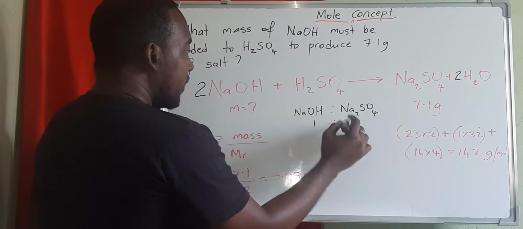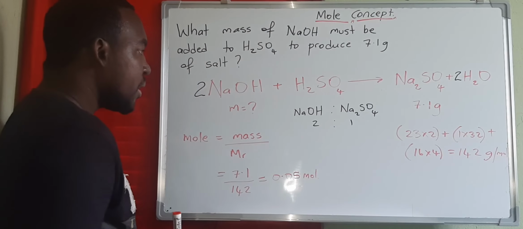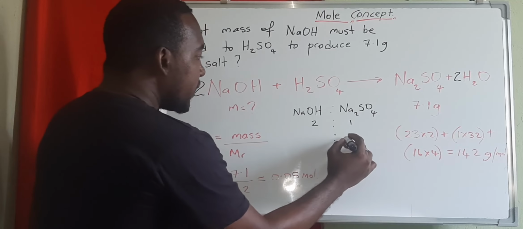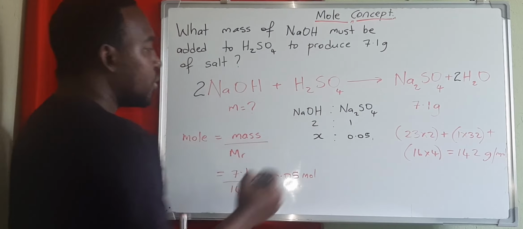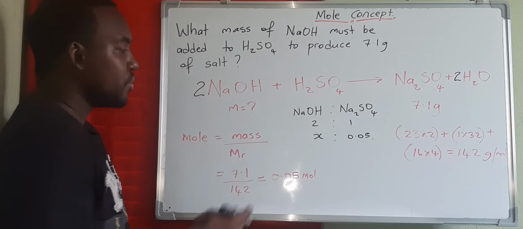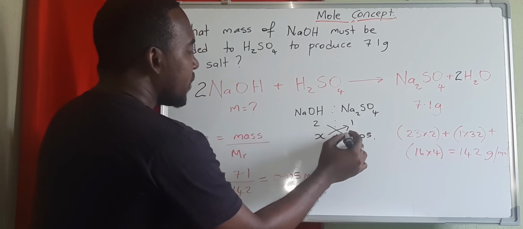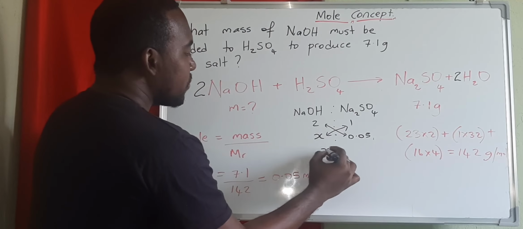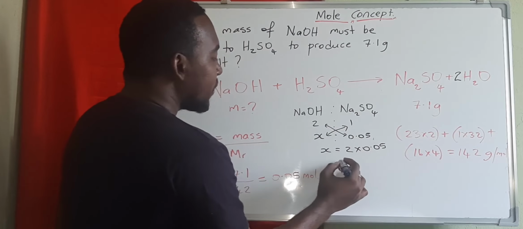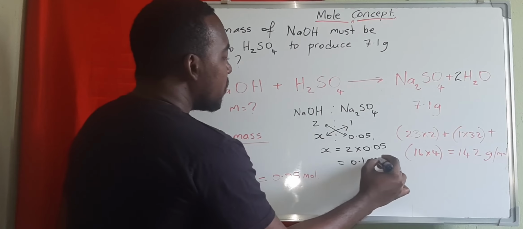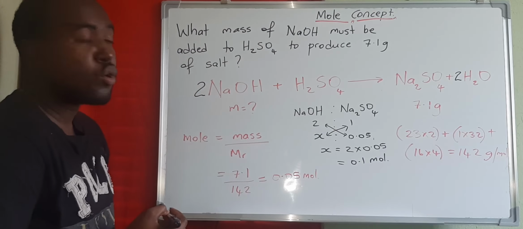So in the chemical equation, it's a 2-to-1 mole ratio, but in our calculations, the 1 was 0.05 moles instead. So therefore, if we need to find the amount of moles of NaOH, we can just put an X there, right? And then we cross multiply. So basically, X moles of NaOH would be 2 times 0.05, which is 0.1 mole, right? So we have 0.1 mole of NaOH, right?